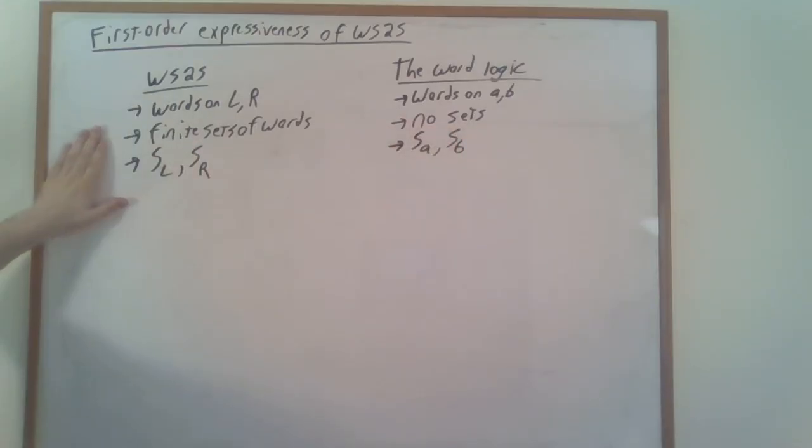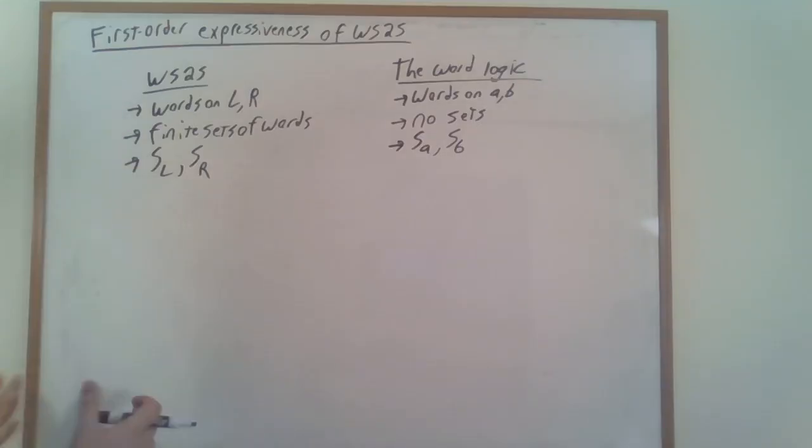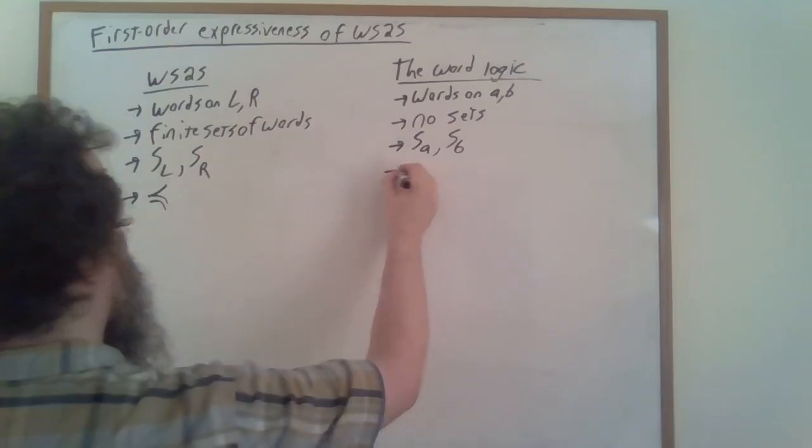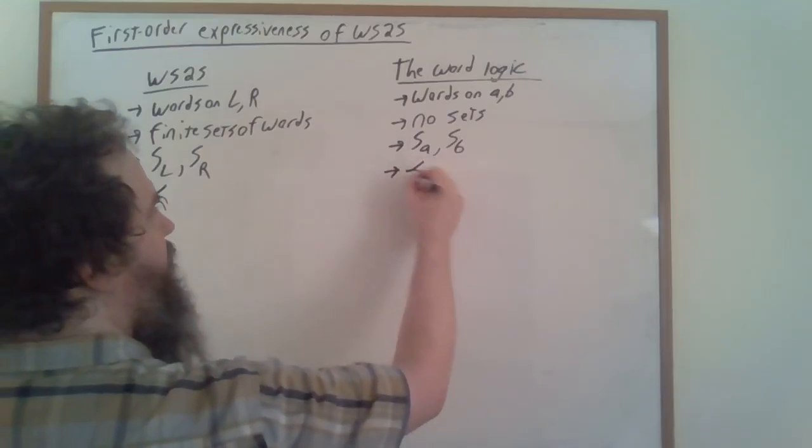In weak S2S, you can show the prefix relation is not a primitive, but it's fairly easy to talk about. We say that one word is a prefix of another if it's an initial segment of the other word. And in the word logic, this is actually a primitive.